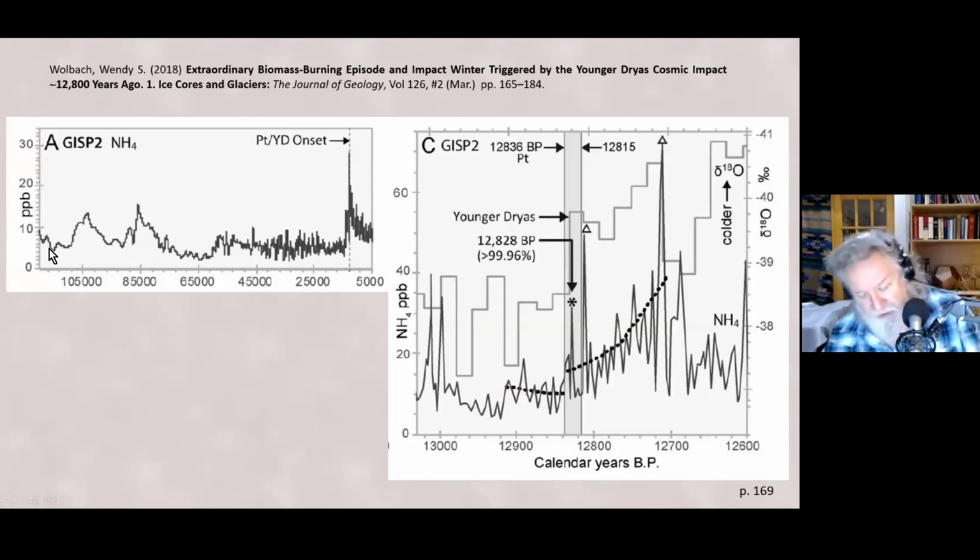Going back, let's see, it says the most dramatic rise culminating in the most robust peak coincides with the platinum peak, which is the dashed line. Check it out. What we're showing here, this up and down here, this is ammonium. Ammonium is produced by the combustion of biomass. Now, look what the ammonium does.